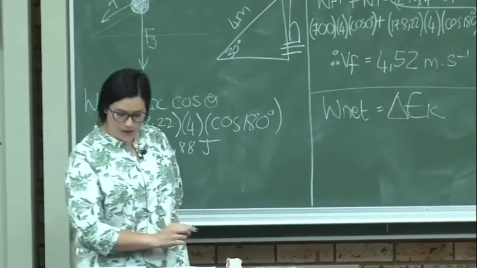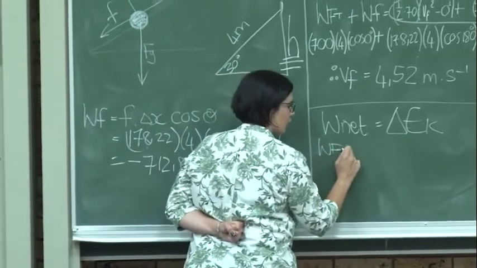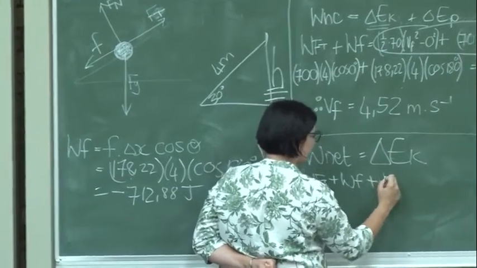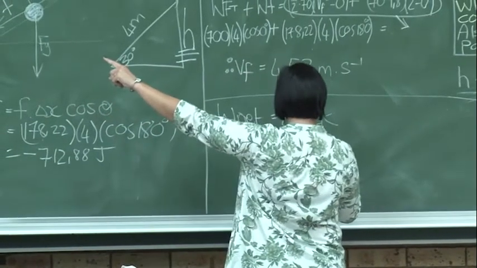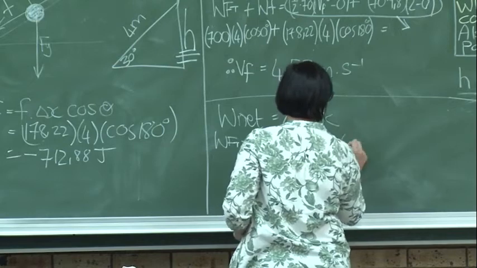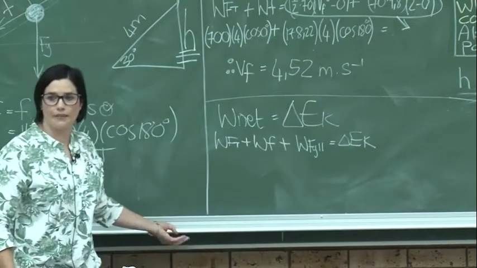So in other words, I'm going to have the work done by the tension force plus the work done by the frictional force plus the work done by the parallel component of weight, which is equal to the change in kinetic energy. You agree?